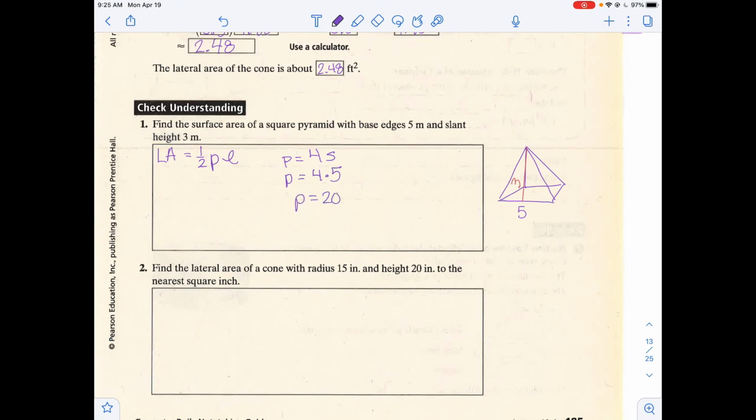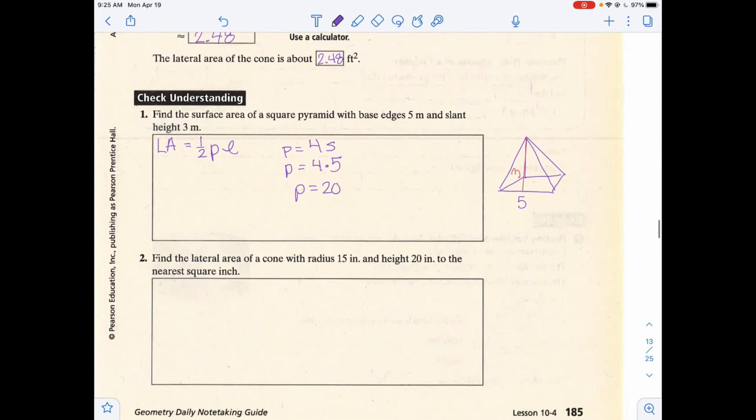Okay. And then we need to know the slant height we have is 3. So we need to plug this in to figure out the lateral area. 1/2 times 20 times 3. 20 times 3 is 60, and 60 divided by 2 would be 30.